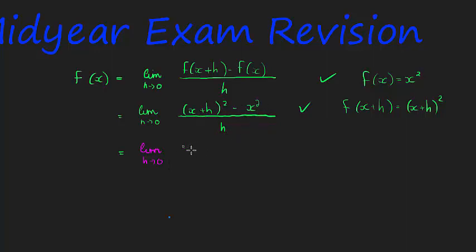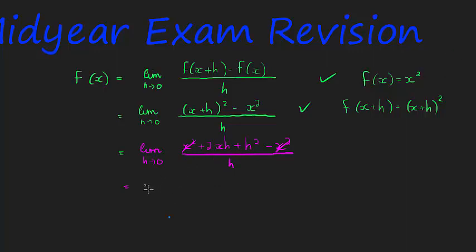So multiplying that out, I get x squared plus 2xh plus h squared minus x squared. Almost all of the time, the terms that don't have an h should cancel, so that now you have common factors. You can take out a common factor and cancel it with the h.